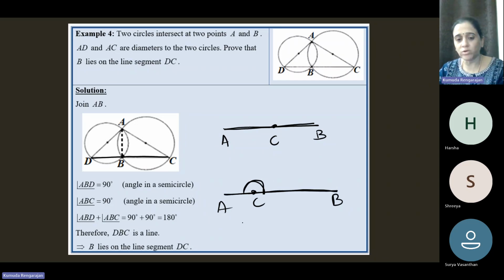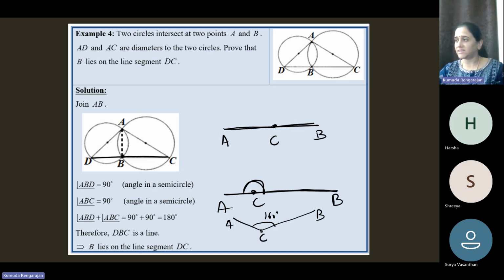That means this one is not a broken line. It's not like CA like this and then C does not lie on AB. Supposing it's like AB and C here. C does not lie on AB because this angle is 160 degrees.